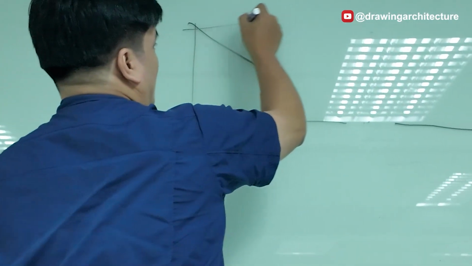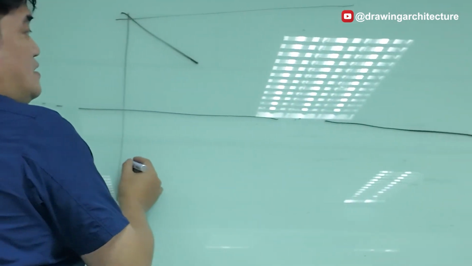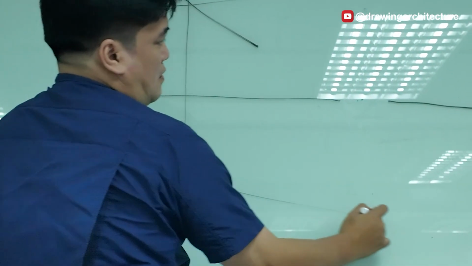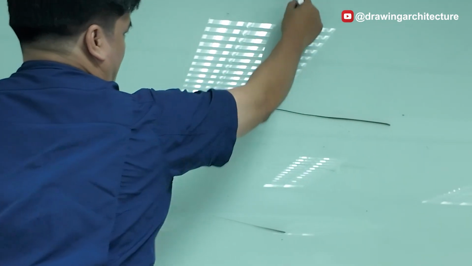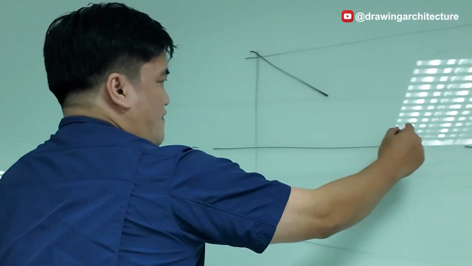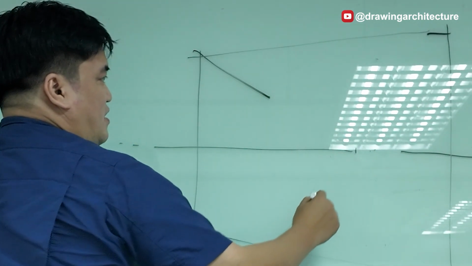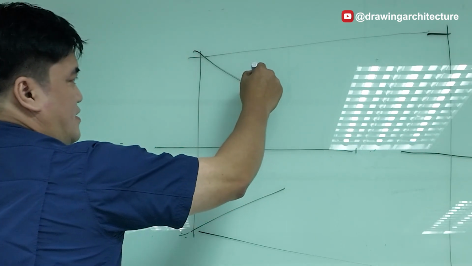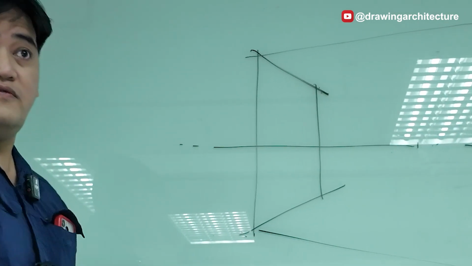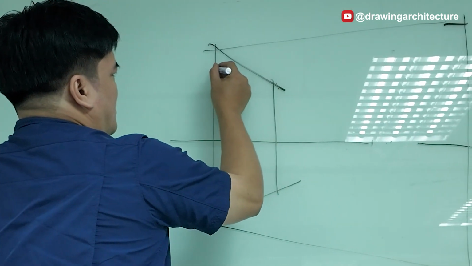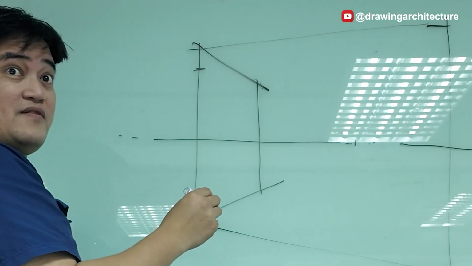Here, with the room, we have a vanishing point somewhere here, right? And then, of course, the 7-meter depth of the room. 3 meters. But here, up to here is the ceiling, 2.7 meters, right?